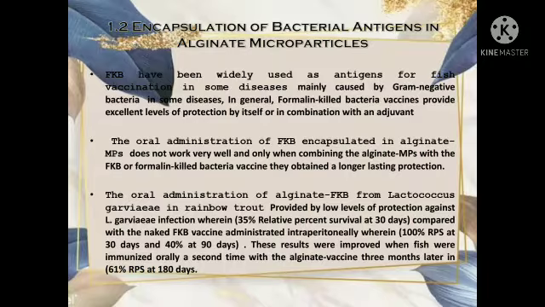Vaccines administered intraperitoneally gave 100% relative percent survival at 30 days and 40% at 90 days. These results were improved when fish were immunized orally a second time with the alginate vaccine 3 months later, with 61% relative percent survival at 180 days.